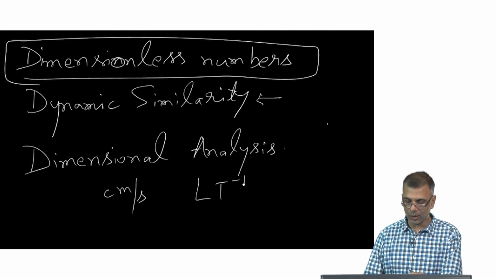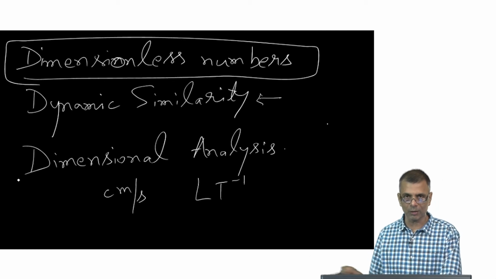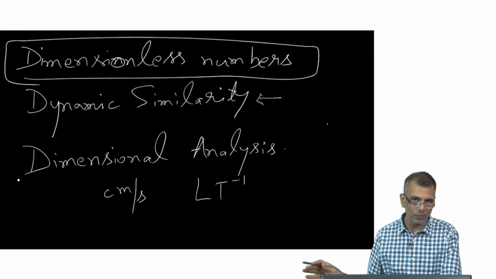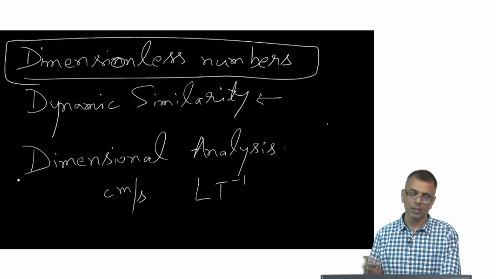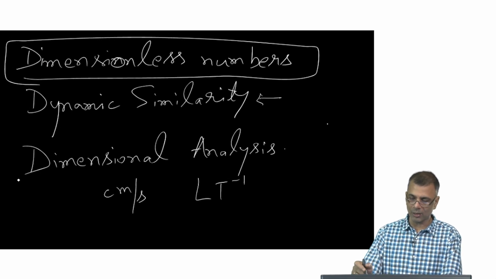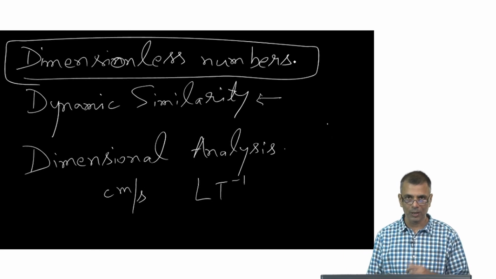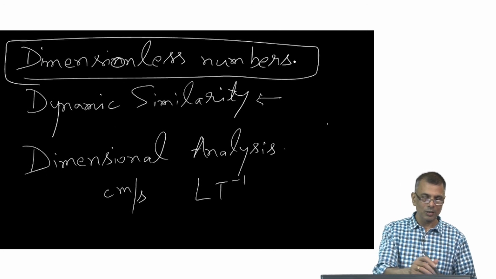It's closely related to the very familiar concept of dimensional analysis, which I'm sure many of you have been using for a long time. So this is just to put you at ease. Several of these dimensionless numbers simply arise from a dimensional analysis. So without wasting much time, let's get right to it.